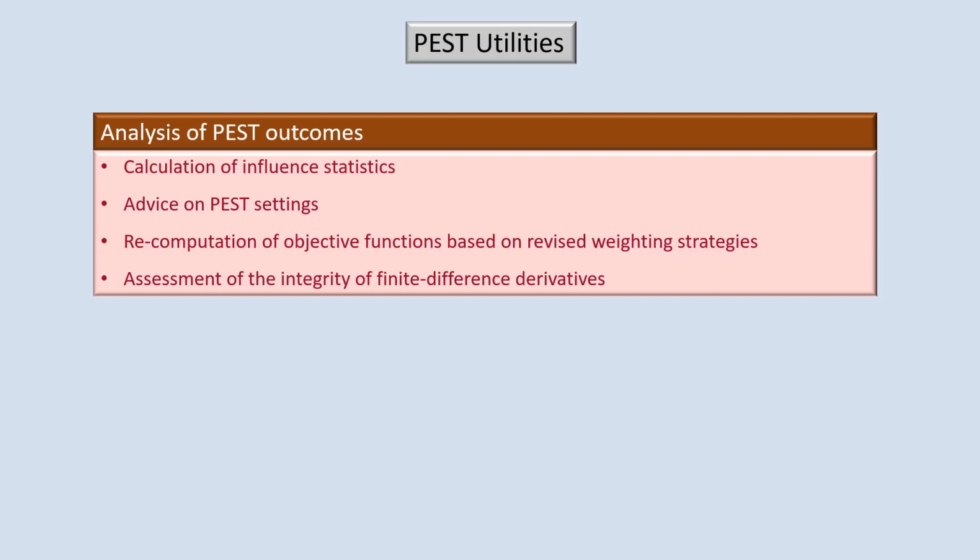Weighting strategies can be adjusted on the fly based on the outcomes of a previous PEST run. The integrity of finite difference derivatives can be assessed. This may be important if it is suspected that PEST behavior is not as good as it should be because of malperformance of the model that PEST is being used to calibrate.